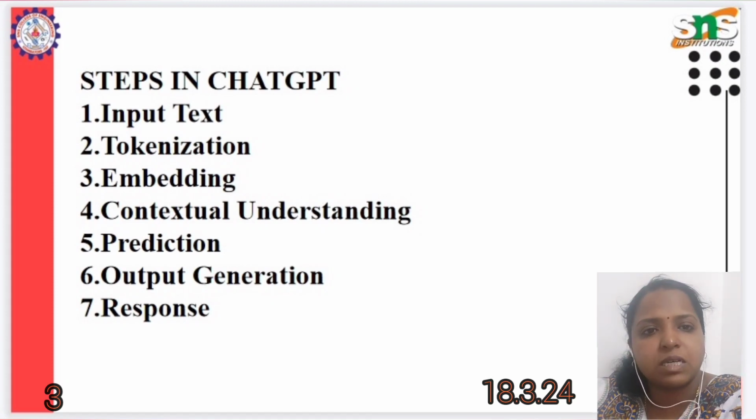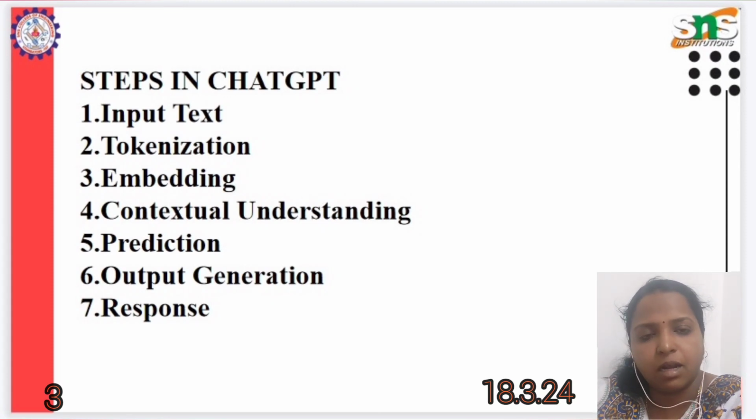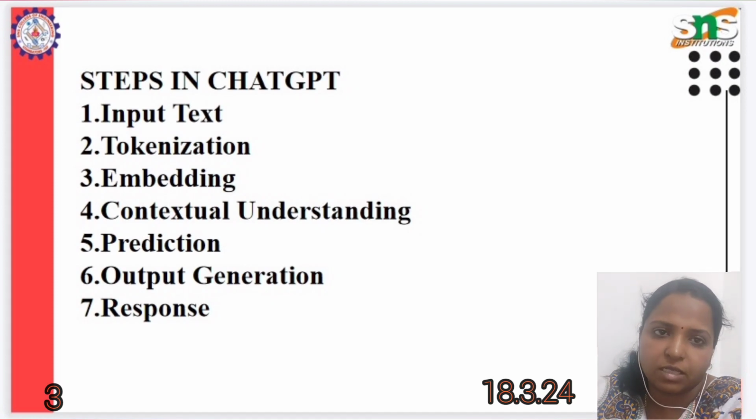This process is repeated iteratively, like a loop process, with each new token influencing the generation of the next token until the desired length of output text is reached. Until you find the end of the text, the process is repeated.